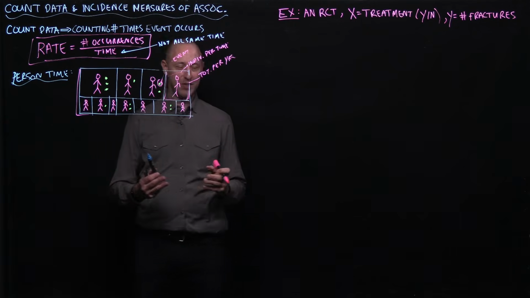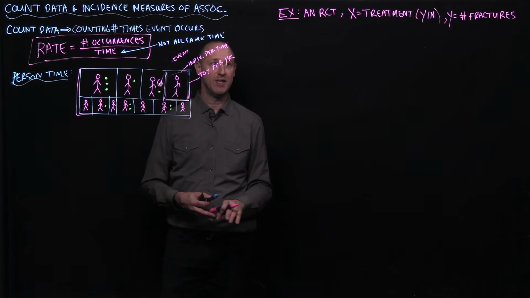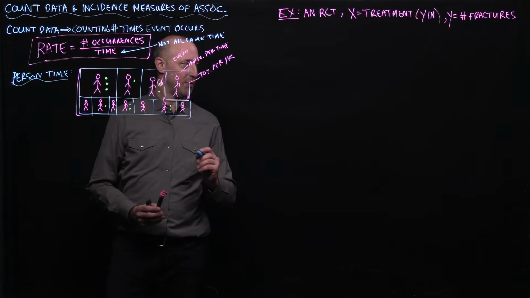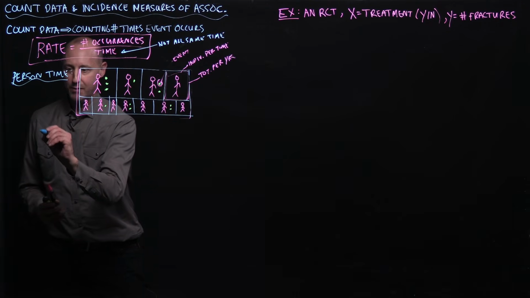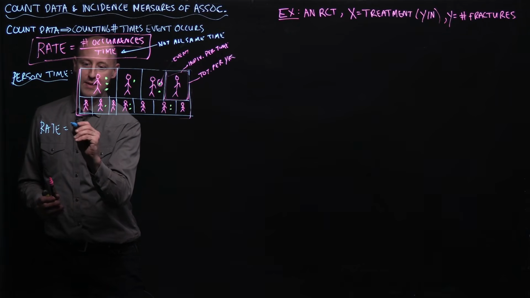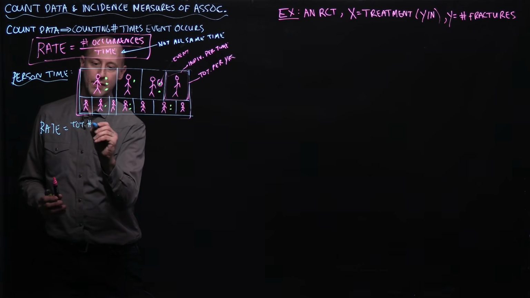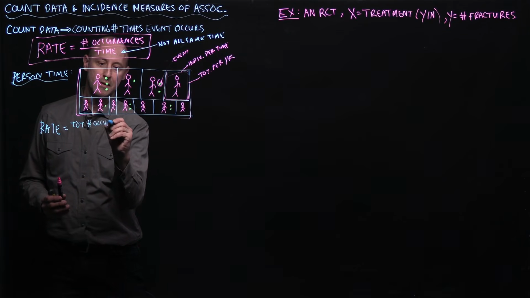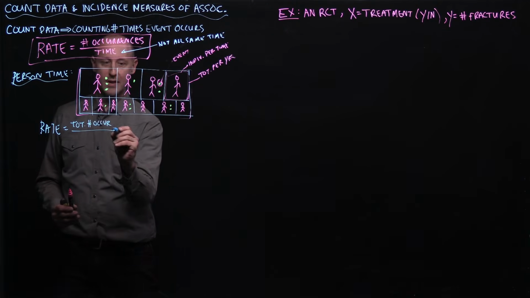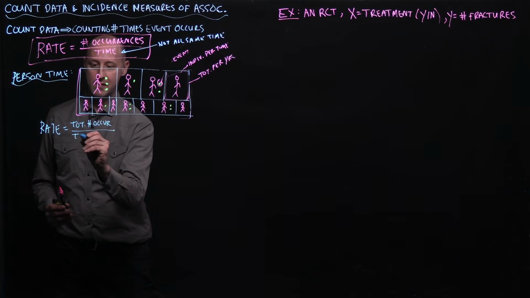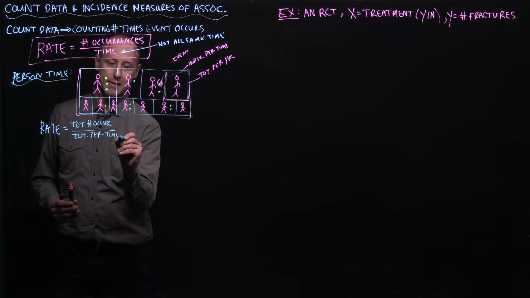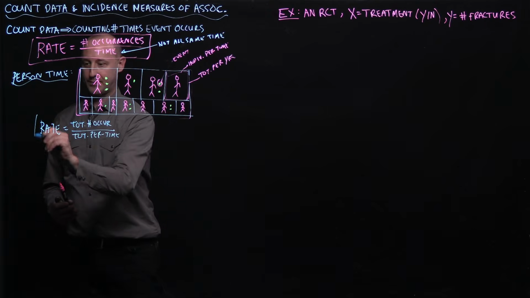Right? So how many person years or how much time was contributed by everyone in the entire study. Okay. And so in this example here, the rate again, is the total number of occurrences, right? So adding up all these green dots, how many times did the event occur, divided by the total person time, right? The entire big rectangle.